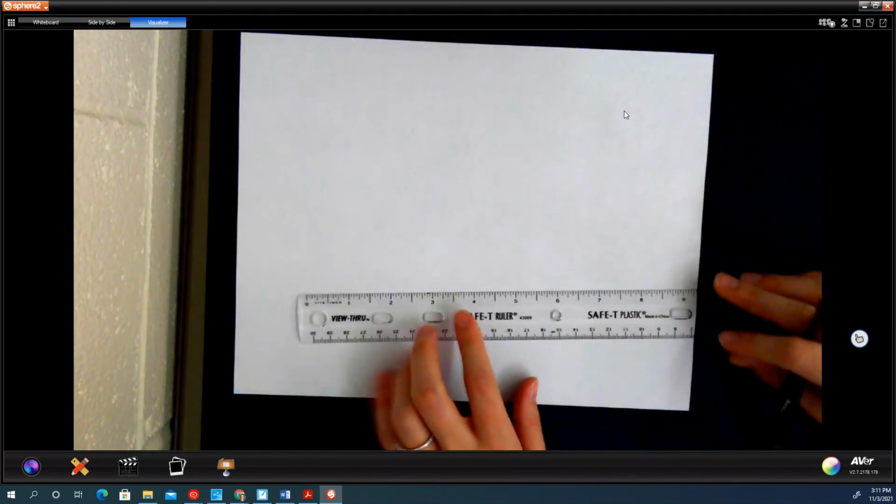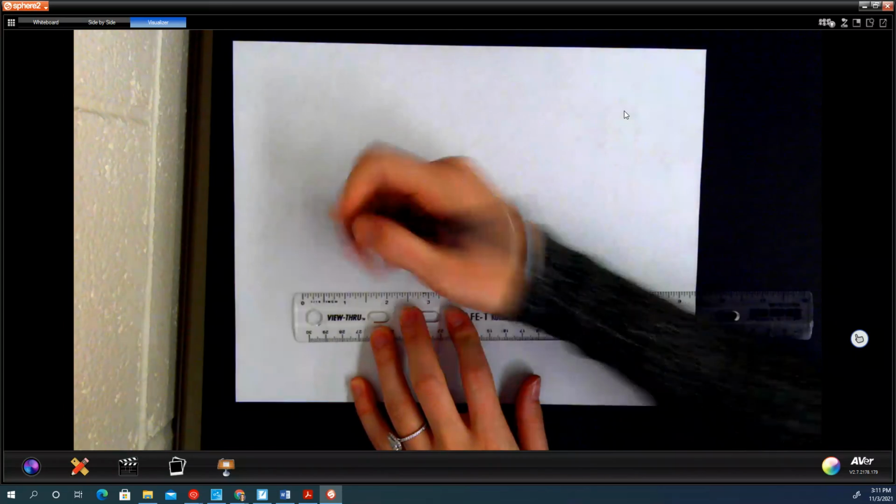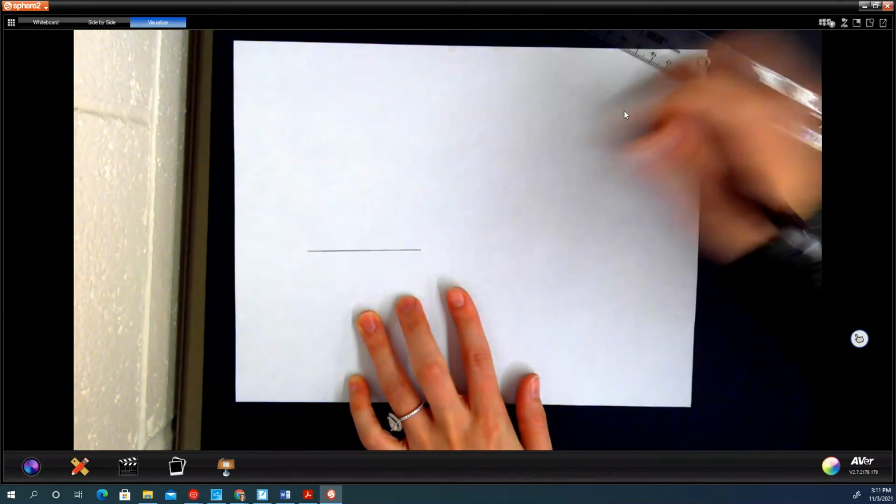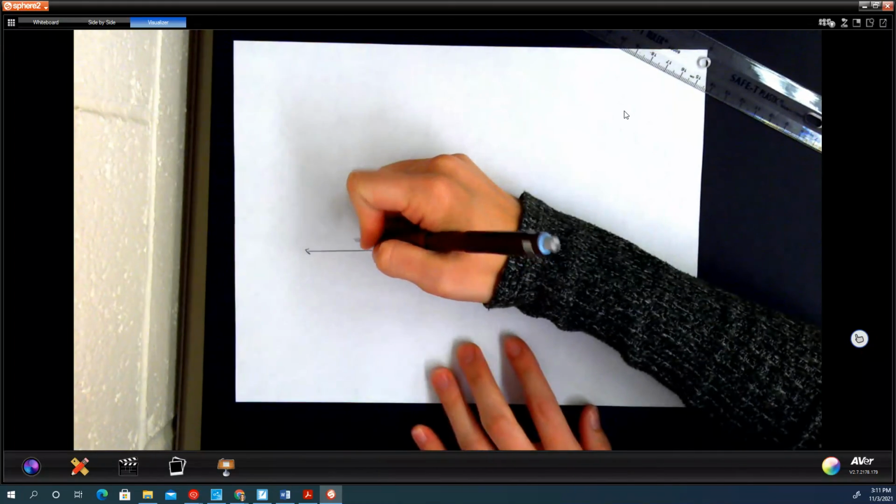Here is how you can construct two parallel lines. You're going to start by drawing a line. And just to follow along with the notes, they want us to call this line AB.